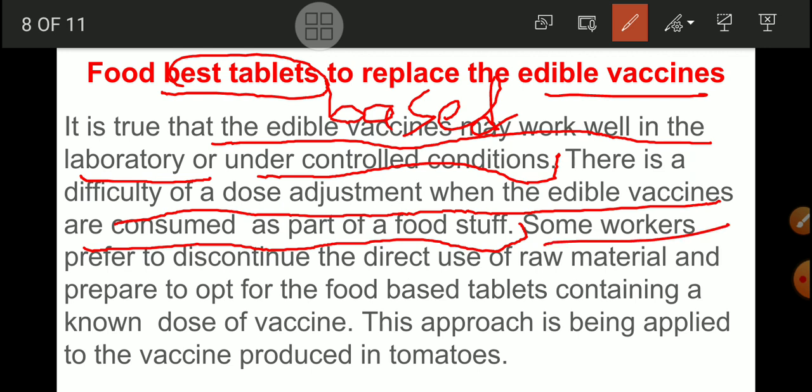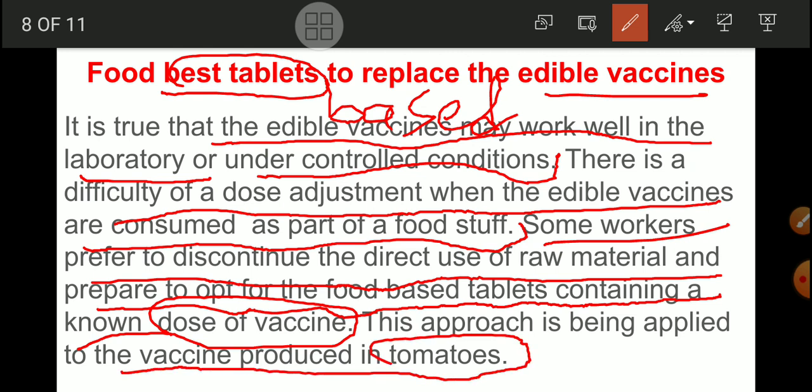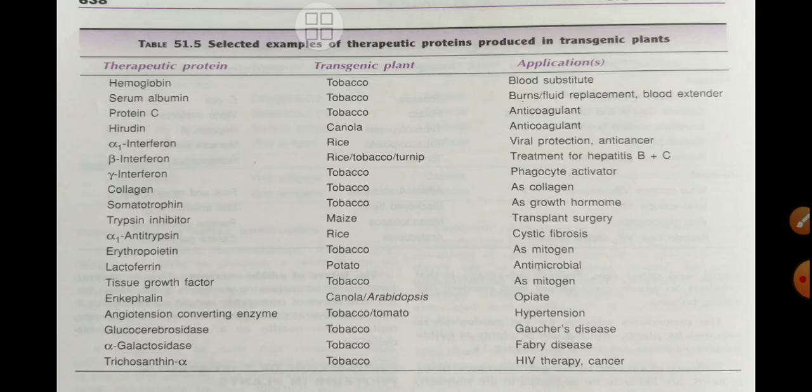Some workers prefer to discontinue the direct use of raw material and opt for food based tablets containing a known dose of a vaccine. This approach is being applied to the vaccine produced in tomatoes. Food based tablets can be developed by scientists.